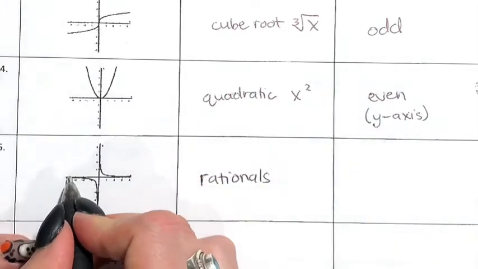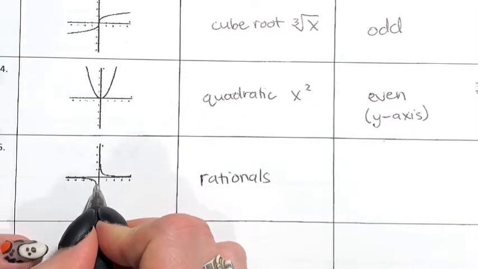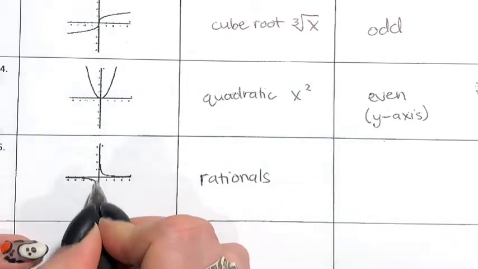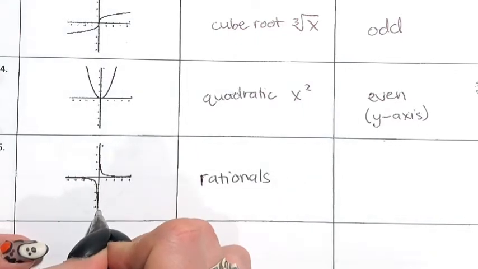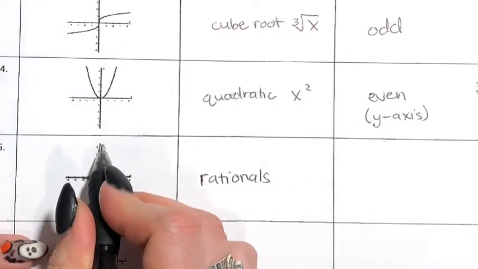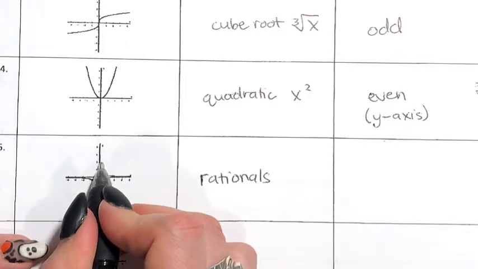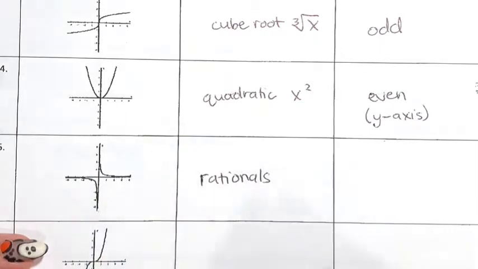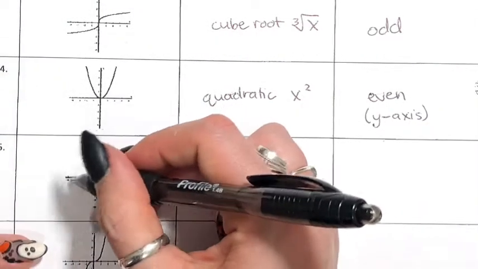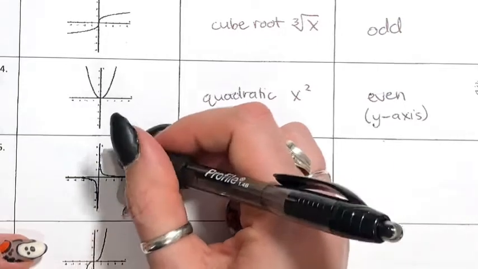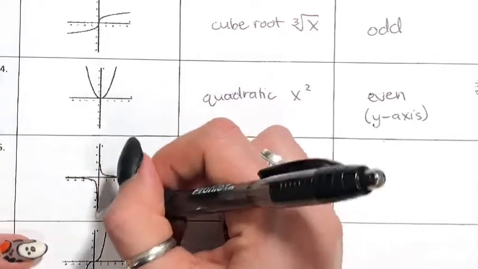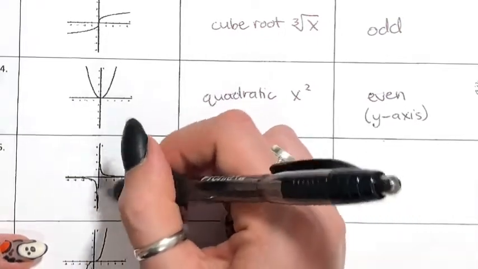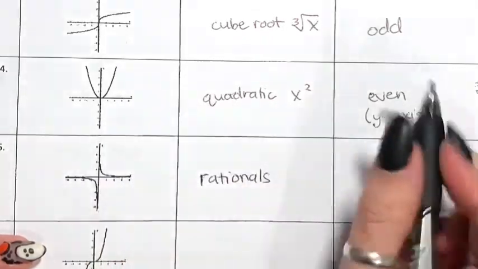Our graph is kind of skimming along the x-axis and then comes down, and then it skims along the y-axis without ever touching or crossing it. And then it flips to the other side of the y-axis, skims along it, and then bends to skim along the top of the x-axis. So rationals, they do change and they can have more than one asymptote, but again, this is just the parent function. So it has an asymptote at 0, 0, or the y-axis, and an asymptote at the x-axis.